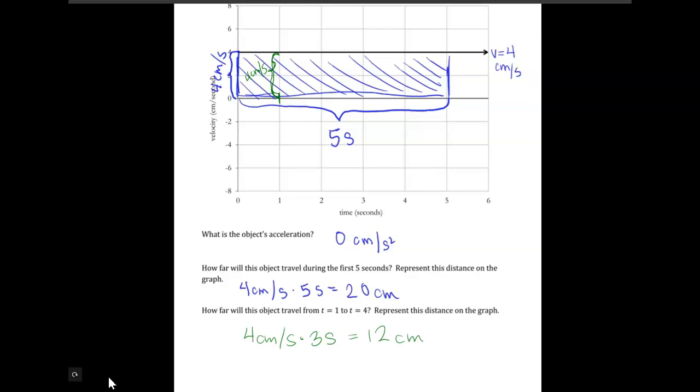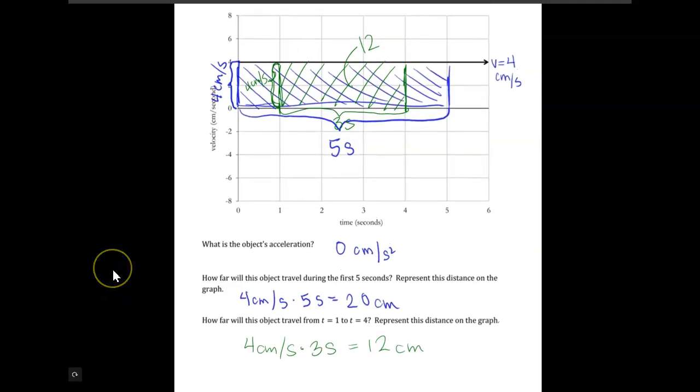And then the 3 seconds starts at 1, stops at 4, so it's a horizontal distance. When we multiply the two, we're getting the area of this rectangle, which notice the area is in fact 12. So we're starting to build up this connection between the area under a velocity function and the distance traveled, and we're going to keep getting into that in some future examples.